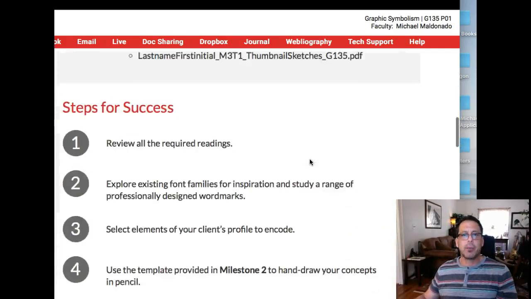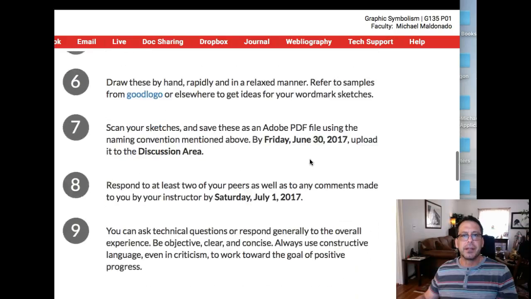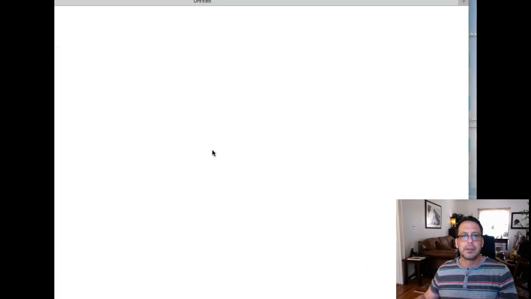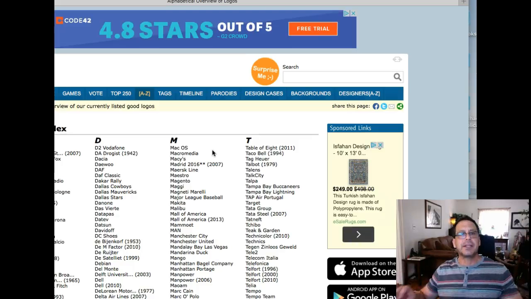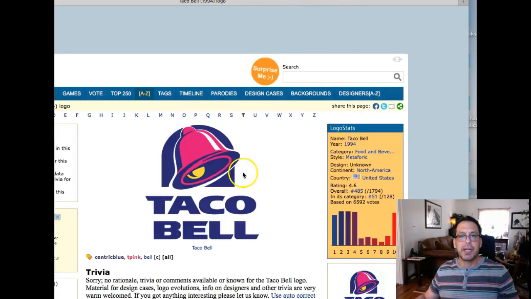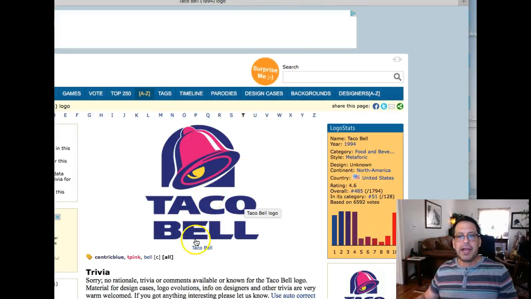What's a word mark? Let's jump over here. I'm going to open this. A word mark is a word that identifies your client. Taco Bell, right there. That's a word mark. That's a logo.